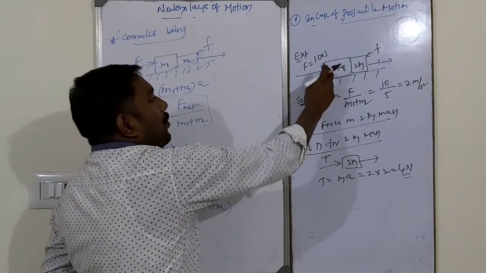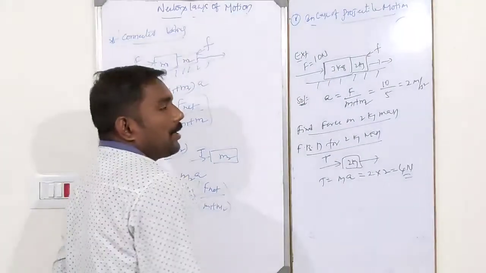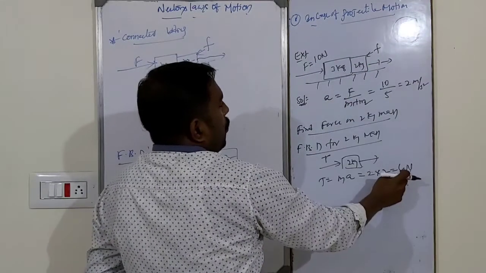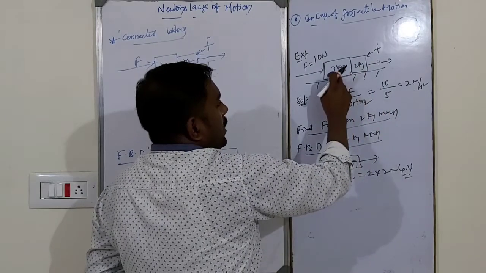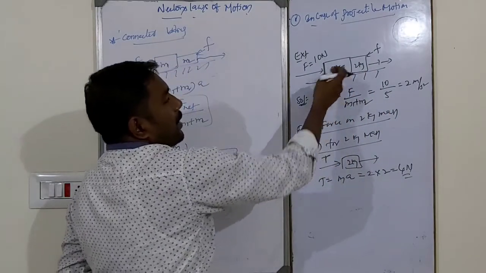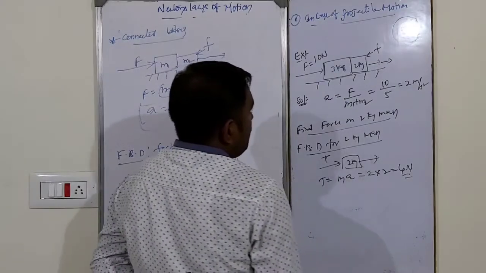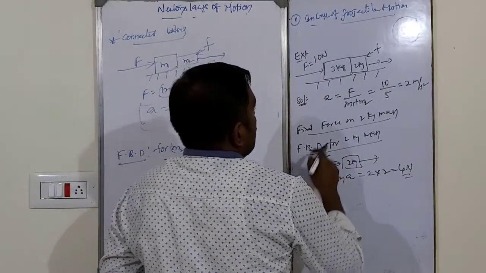What quantity of force is acting on the 3 kg? The 10 Newton force is applied on the entire system. So 4 Newton will be acting on the 2 kg, that is 6 Newton force acting on the 3 kg. Okay. This is the tension.